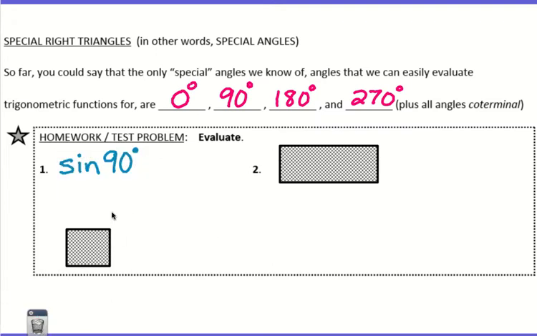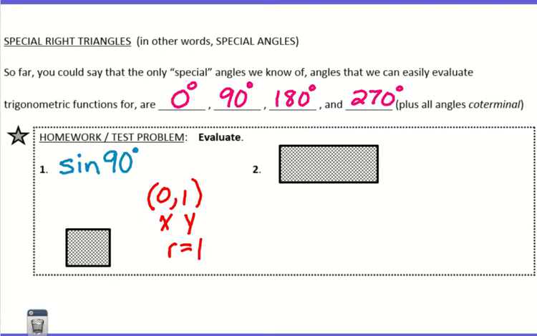Just to kind of put this into action a little bit, the sine of 90, and just for the moment going back to the x, y, r definitions, because for 90 degrees we'd probably just go with the coordinates of 0, 1, where that's x, that's y, and therefore r would equal 1.